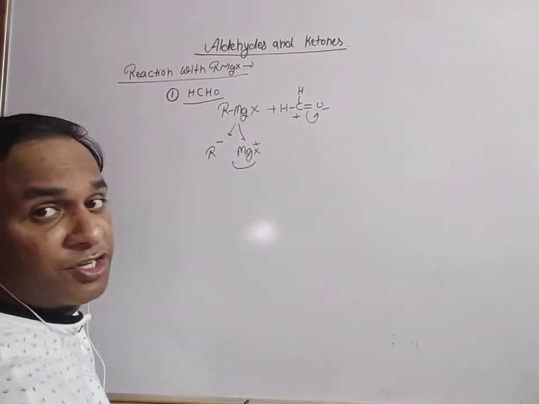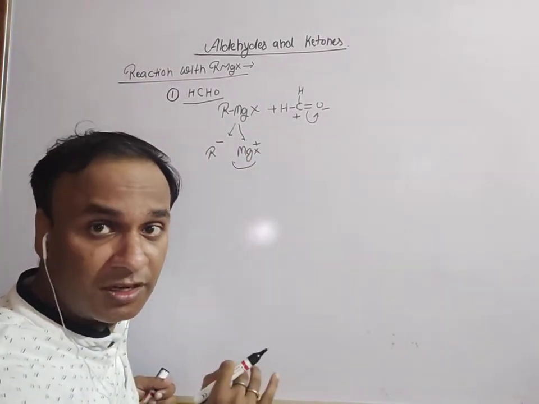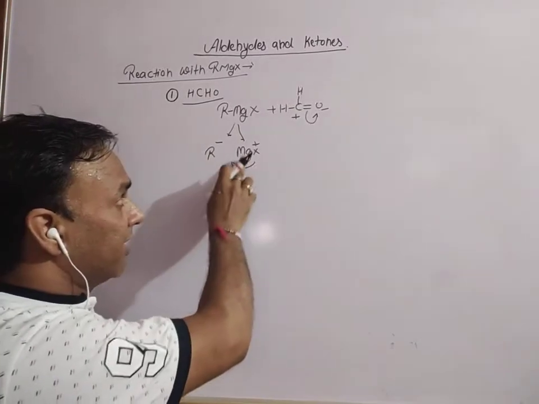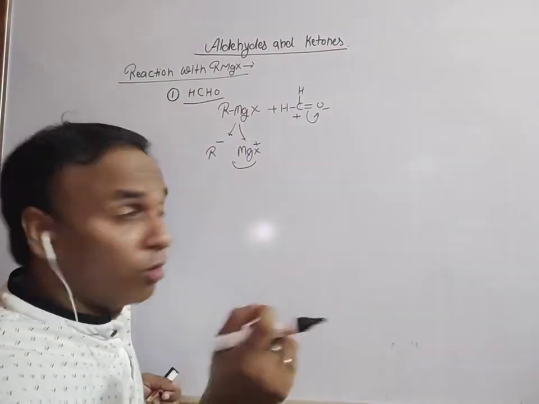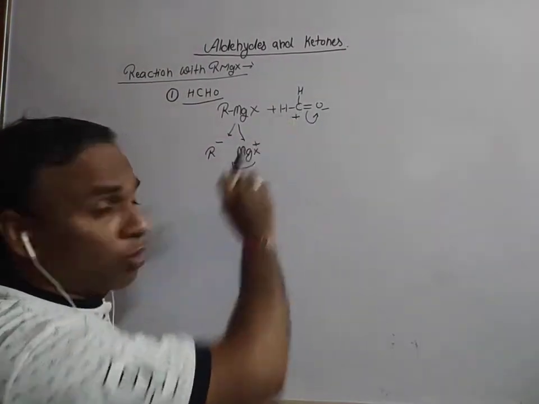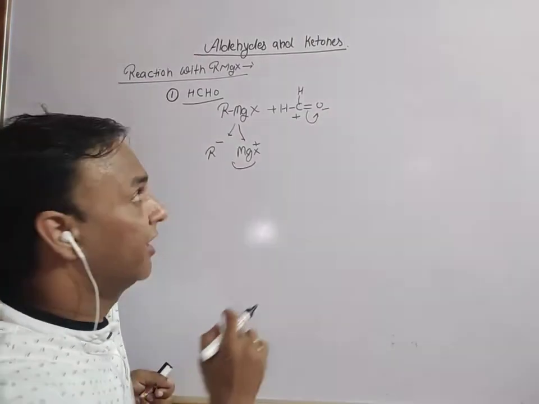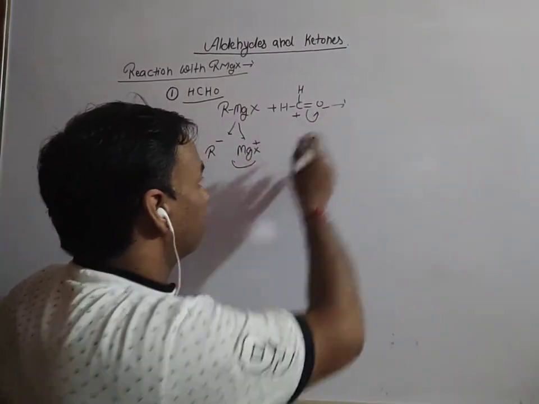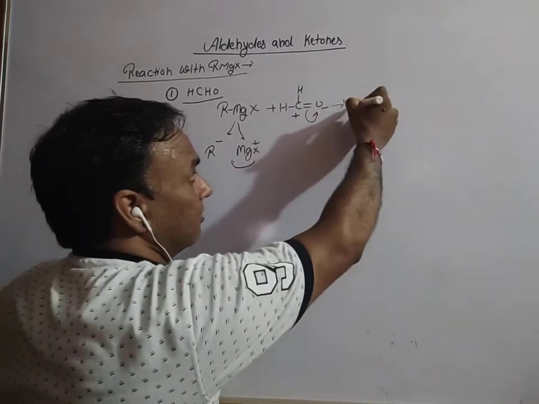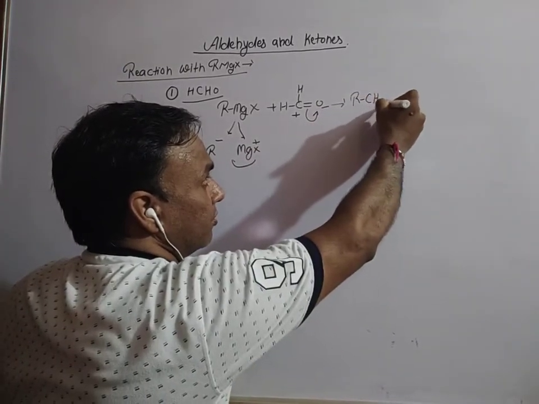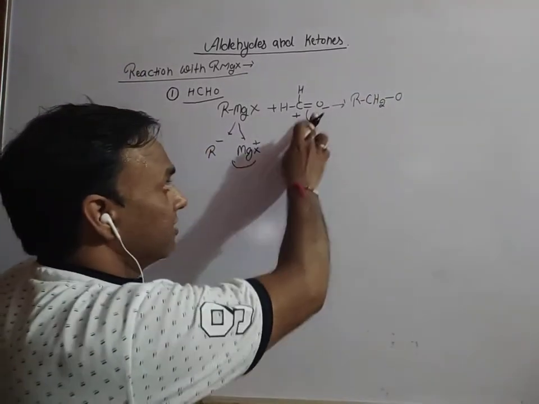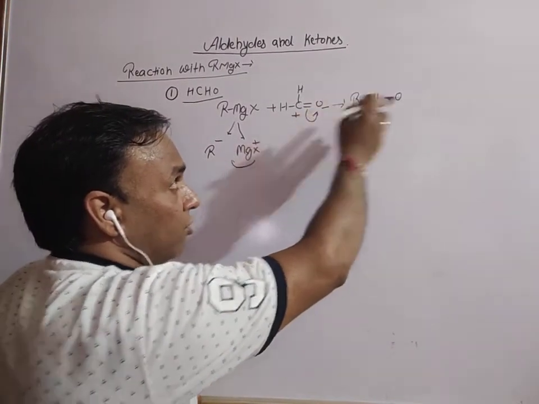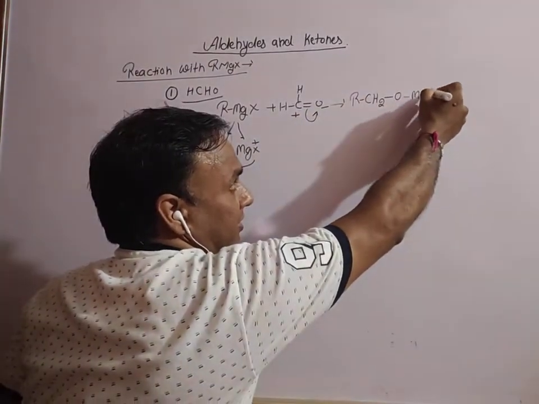Due to the magnesium metal. So R minus and MgX plus are added across the double bond of formaldehyde and it gives RCH2O with MgX attached to the oxygen, RCH2OMgX.